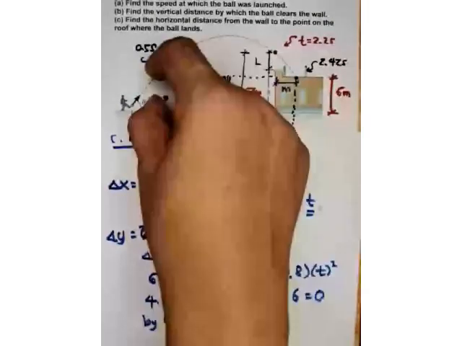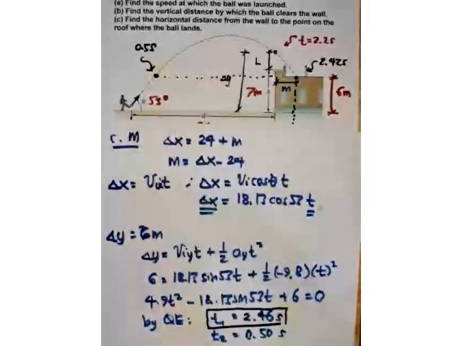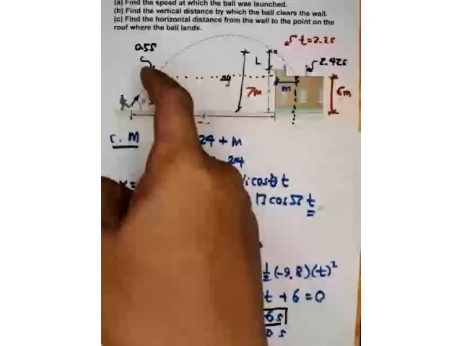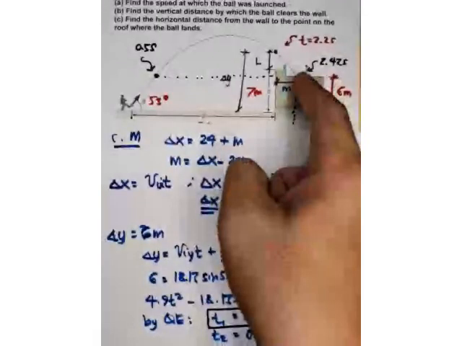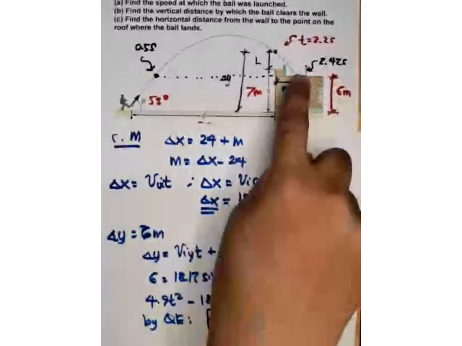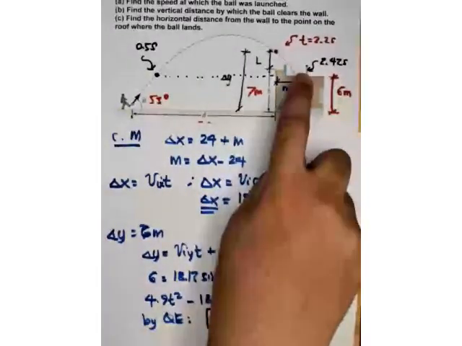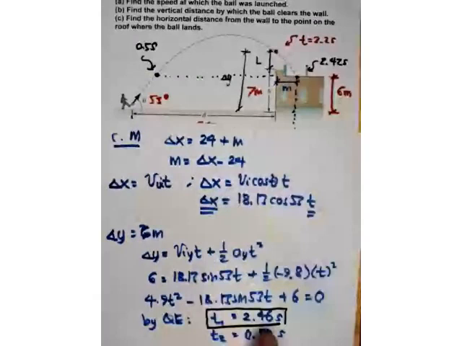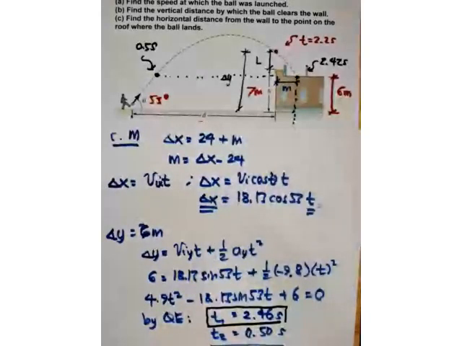Pero ang kailangan natin is yung pababa na siya, or we should be greater than 2.2. Na 6 meters din naman yung displacement. Kaya kailangan natin is yung 2.46, not 0.5.